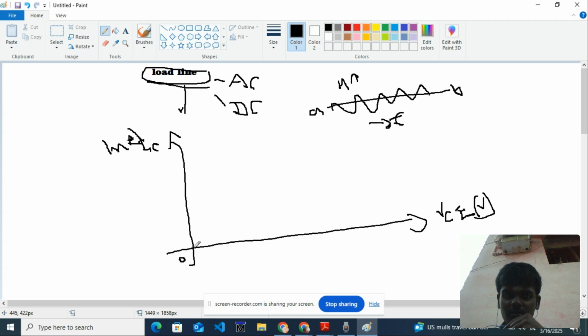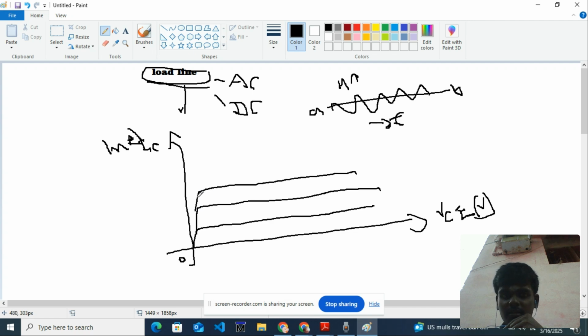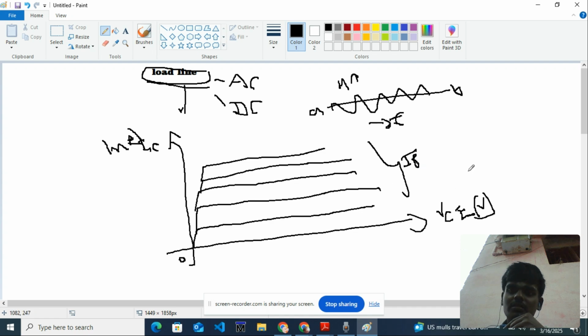And you may know this graph. There are more than five curves, and each curve is called IB, meaning base current.